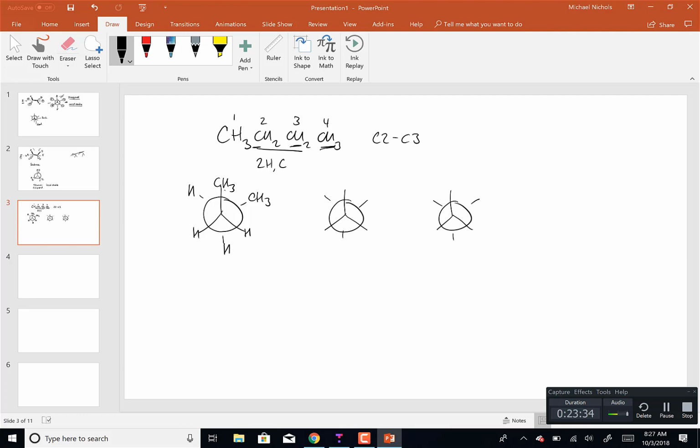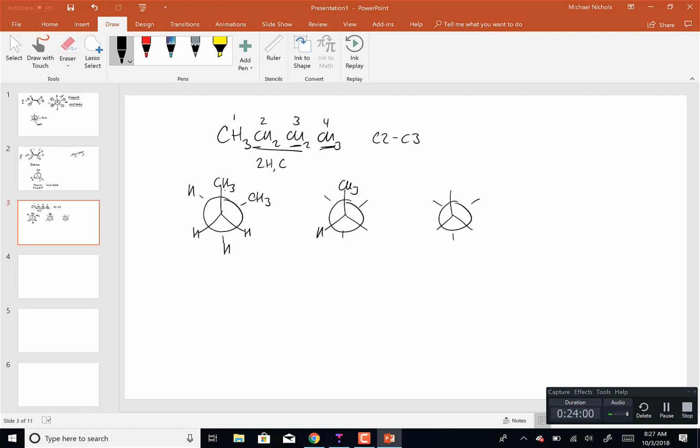I like to keep the front carbon constant and then rotate the back carbon. If you want to be different, you can do that. But the critical part is you're only rotating one carbon, because if you start rotating both carbons, there's no guarantee that you'll generate all 3 of the different conformations of the Newman projections.